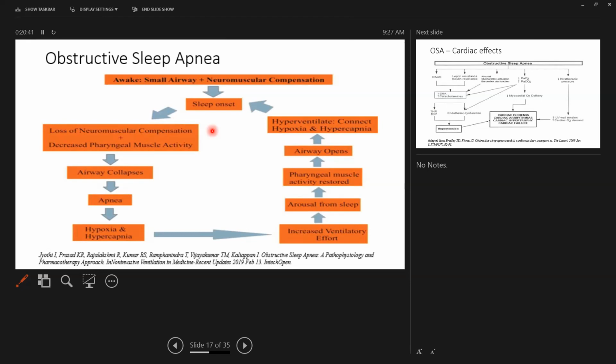So this is the usual cycle. This brings us to the symptoms of obstructive sleep apnea: frequent nocturnal awakenings, and the person feeling suffocated during sleep. All these things happen due to this pathology.